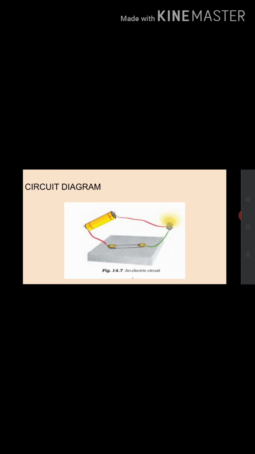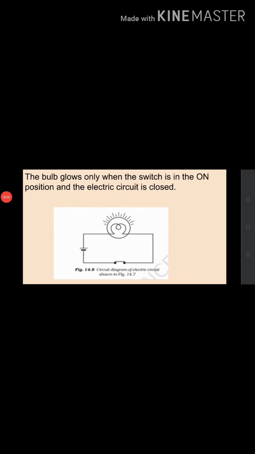Therefore, we generally represent an electric circuit by its circuit diagram. This is an example for an electric circuit. Here the bulb glows only when the switch is in the on position. That time the circuit is closed.